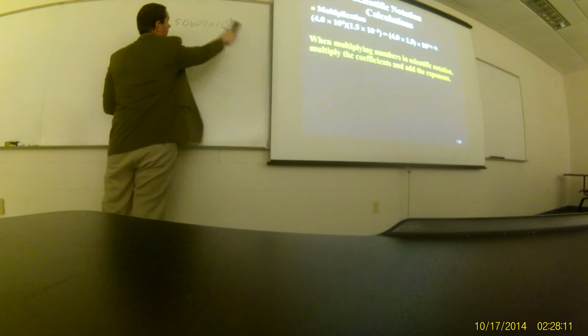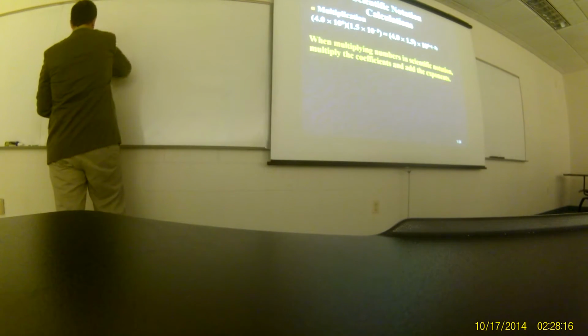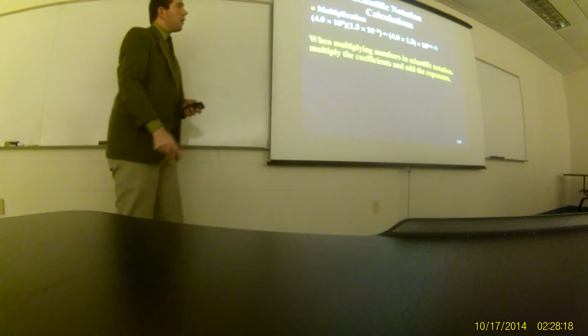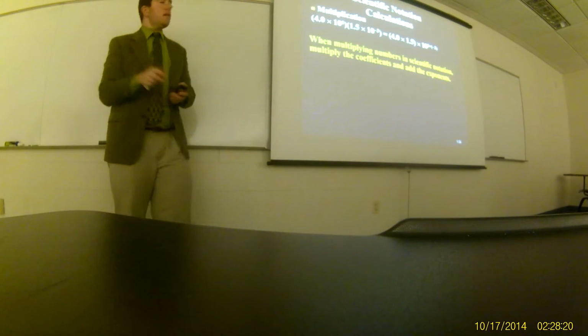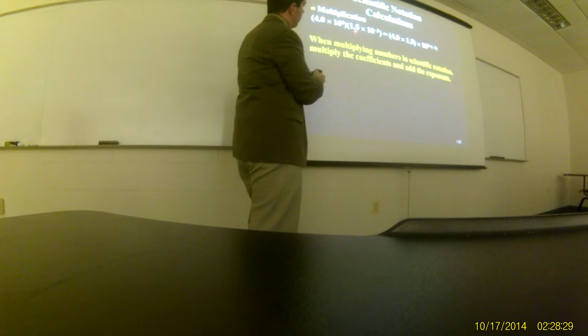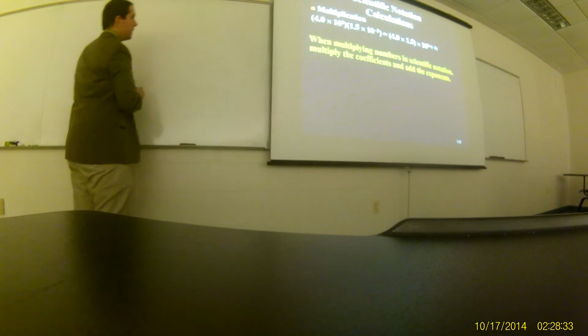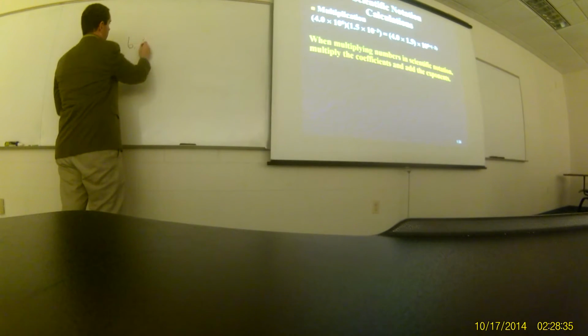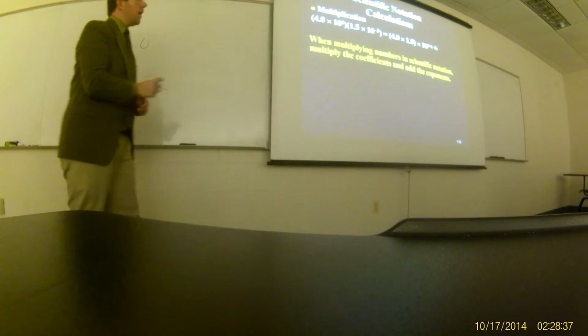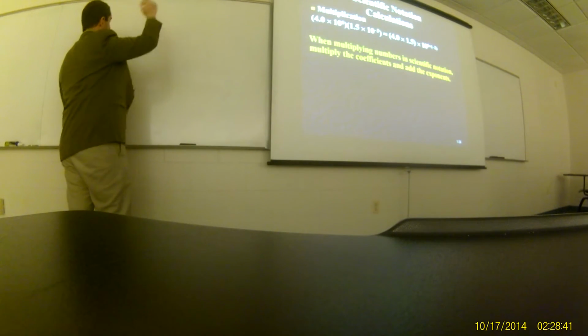If you're multiplying two numbers in scientific notation together, you break it apart and do it in 2 steps. First, you multiply the 2 coefficients together. That's that number times that number. 4 times 1.5 comes out to be 6. 2 sig figs, so 6.0. And then you look at your exponents.